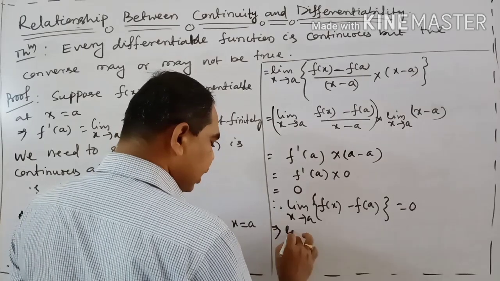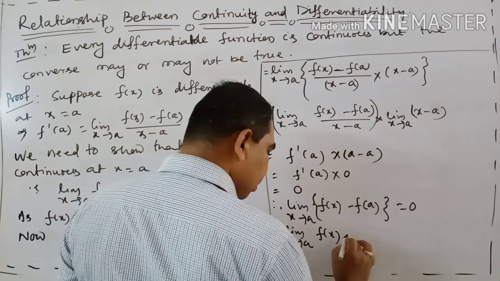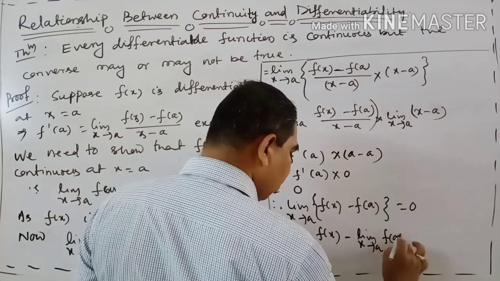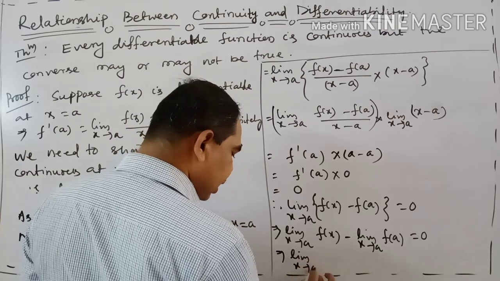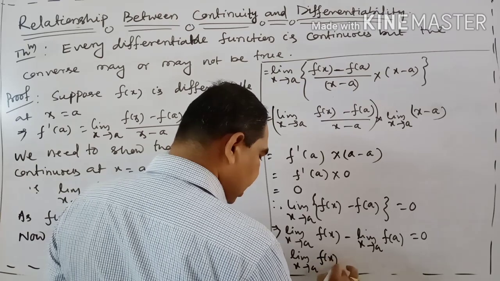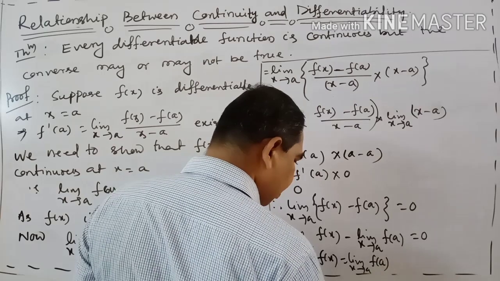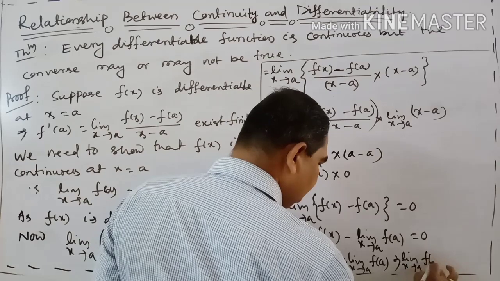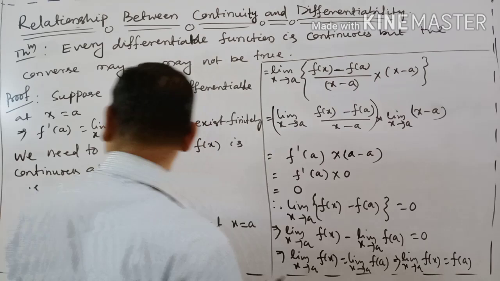So this implies limit x tends to a f x minus limit x tends to a f of a is equal to 0, which implies limit x tends to a f x is equal to limit x tends to a f of a. So limit x tends to a f x is equal to f a because f a is constant.